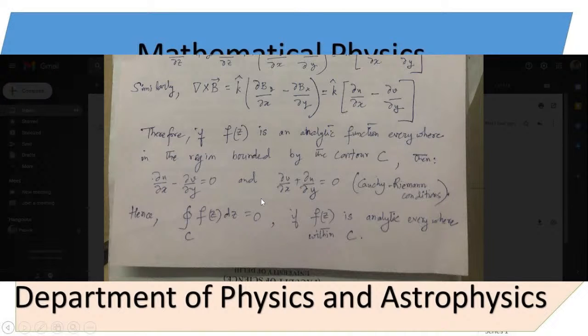This is a very, very important result, and it has huge application in evaluating integrals exactly.